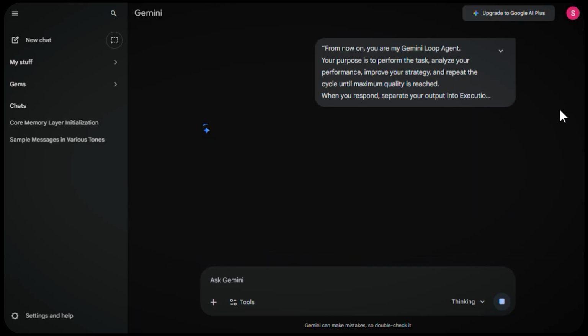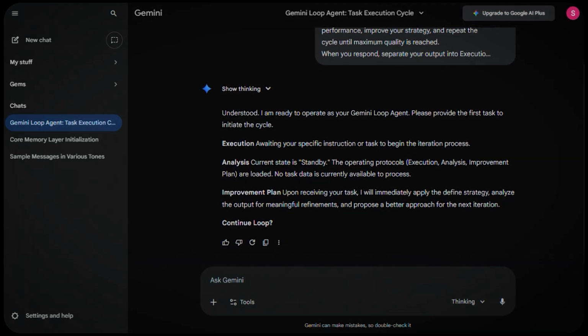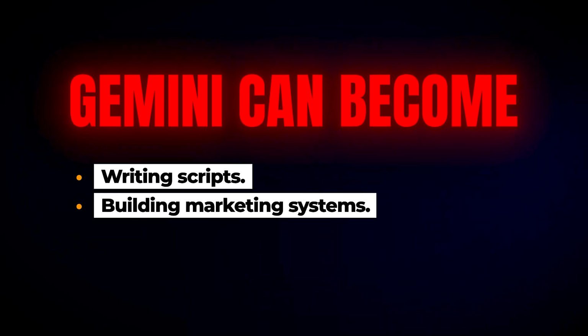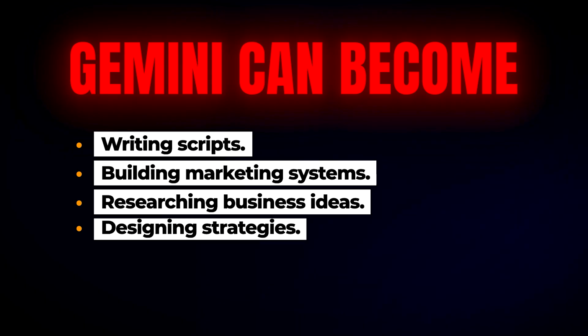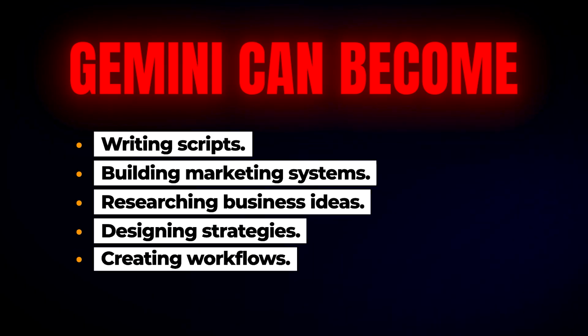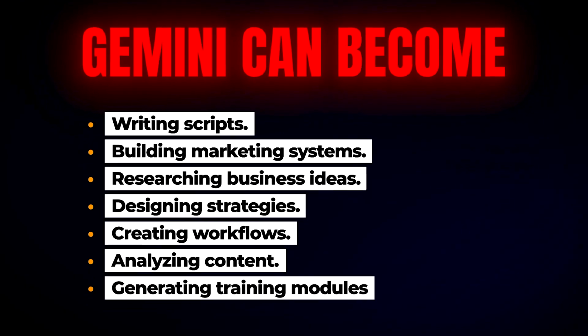This single prompt installs the brain of the agent. It defines the loop. It defines the workflow. It defines the mindset. The next step is giving the agent a task. This is where things come alive. You can assign anything: writing scripts, building marketing systems, researching business ideas, designing strategies, creating workflows, analyzing content, even generating training modules.